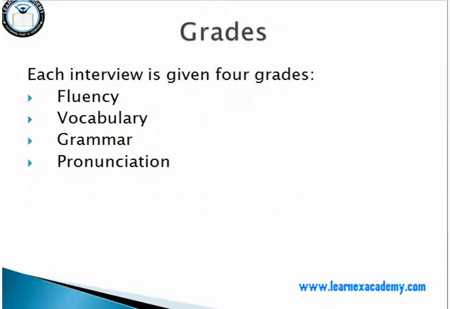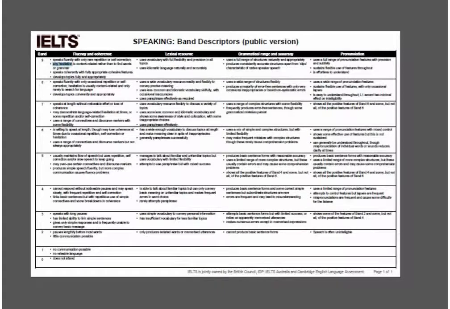Okay, the interview section will consist of 4 parameters that the examiner will look at in regards to your speaking skills, and they'll be looking at these 4 things: your fluency, vocabulary, grammar, and pronunciation. Okay, I've also provided the speaking band descriptor.